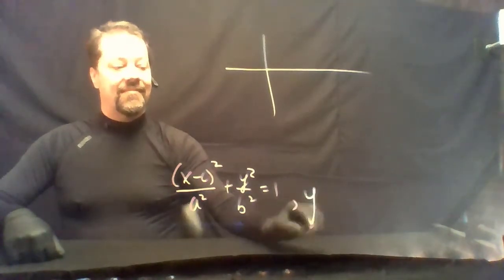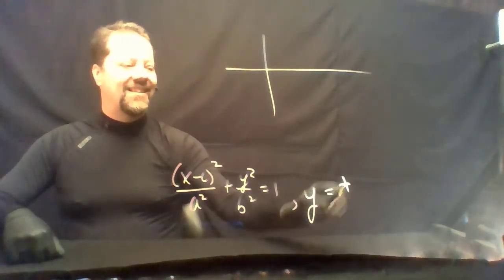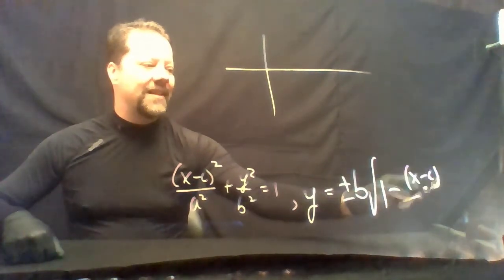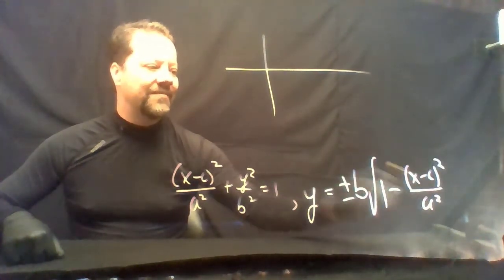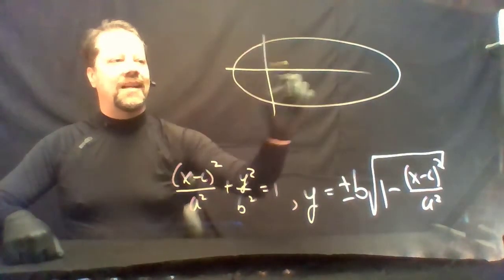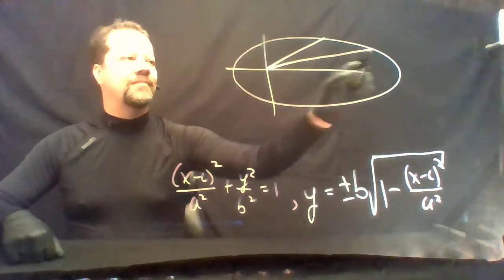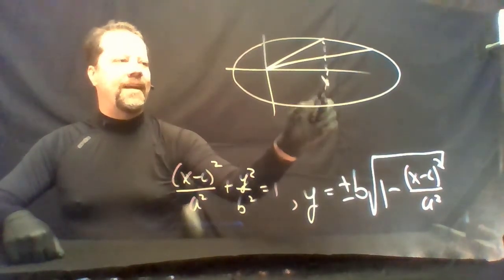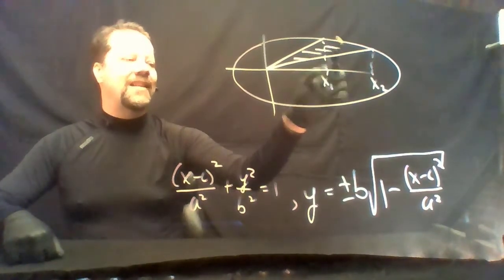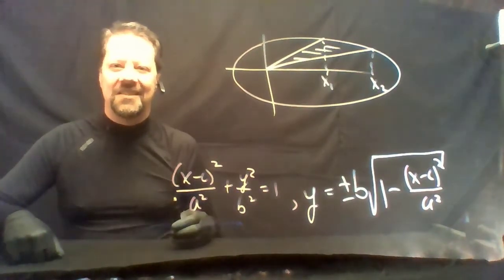First, solving for y, you get plus or minus b square root of 1 minus x minus c squared over a squared. Here's our elliptical sector. Let's suppose this goes from x1 to x2, and we want to calculate the area of that sector.